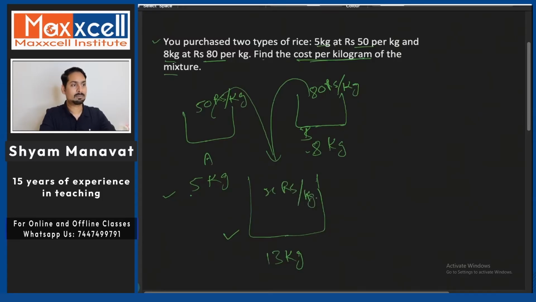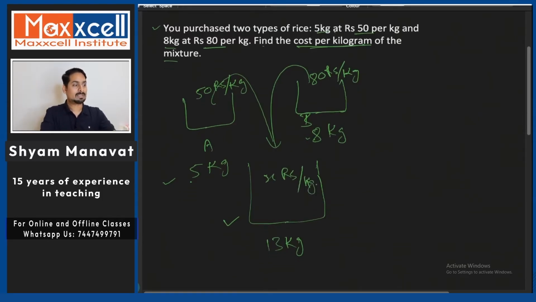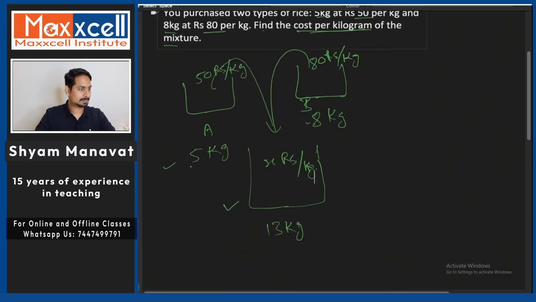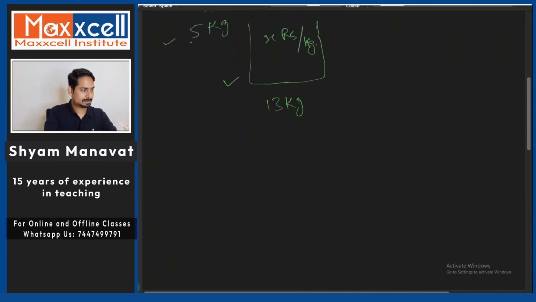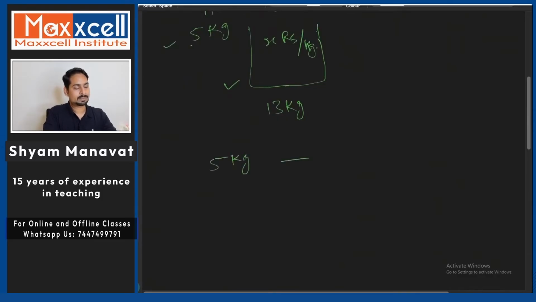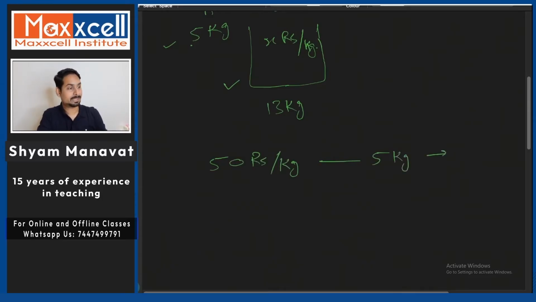So how will we do it? We'll keep it simple. You purchased rice at 50 rupees per kg and you're buying 5 kg. So how much are you spending in total?